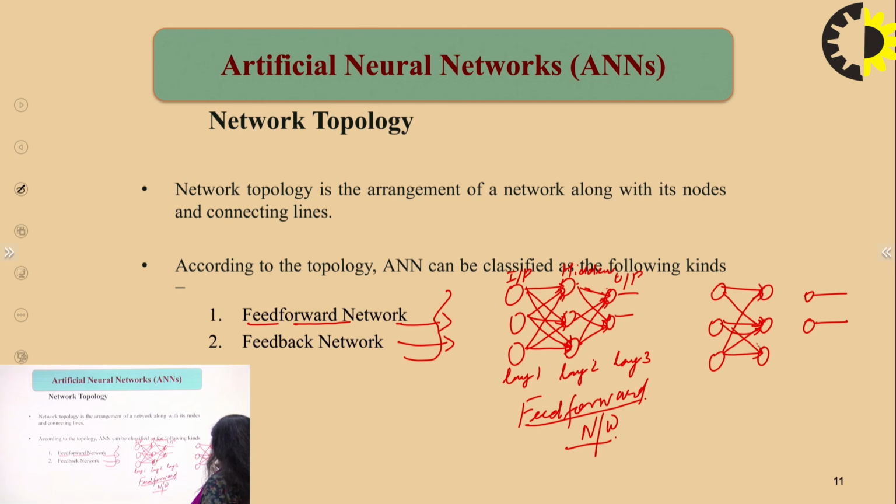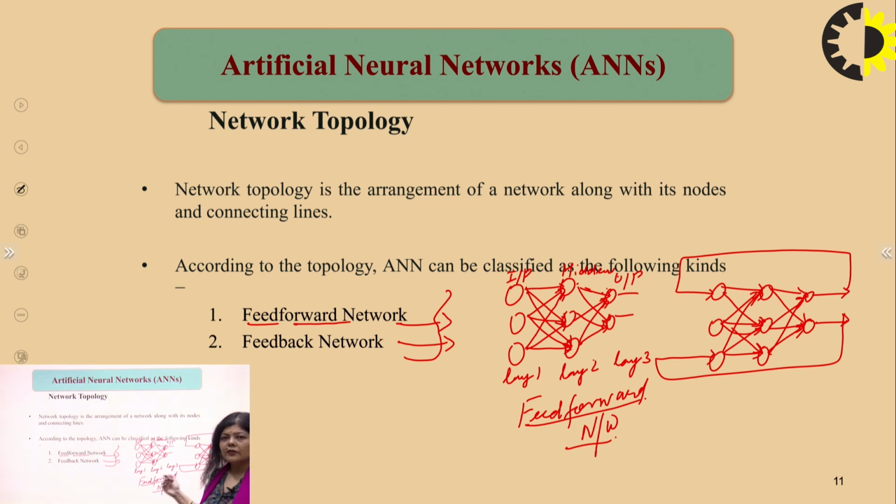Apart from connecting these, I can also connect the final output of the network back to the system. I can feed it like this way. So this is one feedback architecture that we can have.